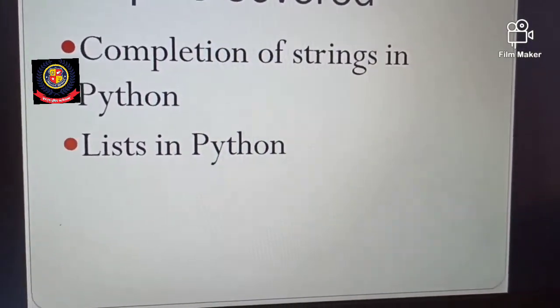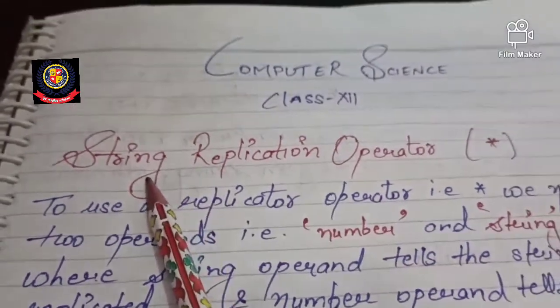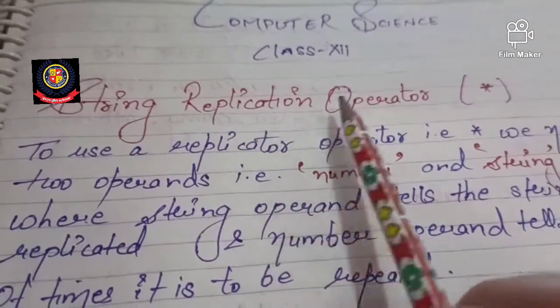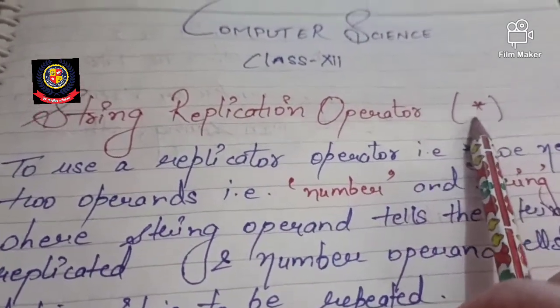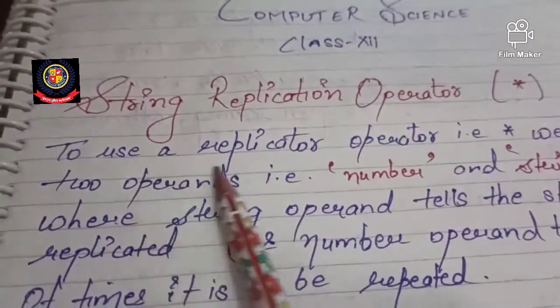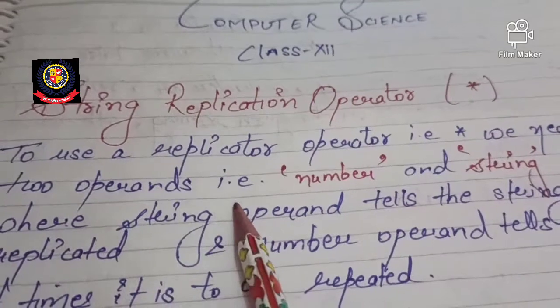Our next string operator is, yes, the second string operator, that is the replication operator, and the symbol of replication is the star, the asterisk sign. To use the replication operator, that is asterisk, we need two operands.